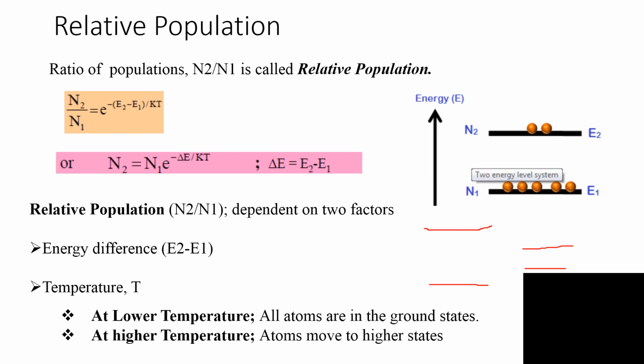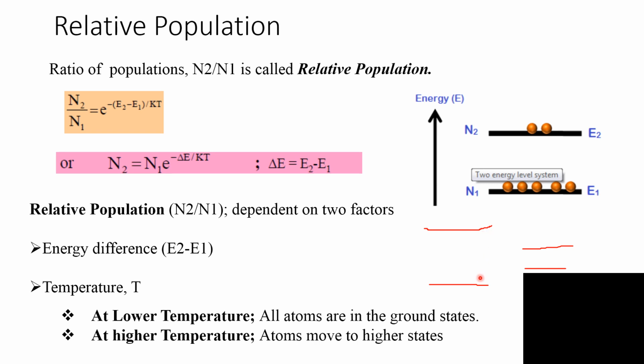Wait a minute, let me take my pointer. Okay, I have a pointer. In this energy level system, the energy levels are very far from each other, but in this one the two levels are very close. So here the energy difference is very low, but here the energy difference is high.